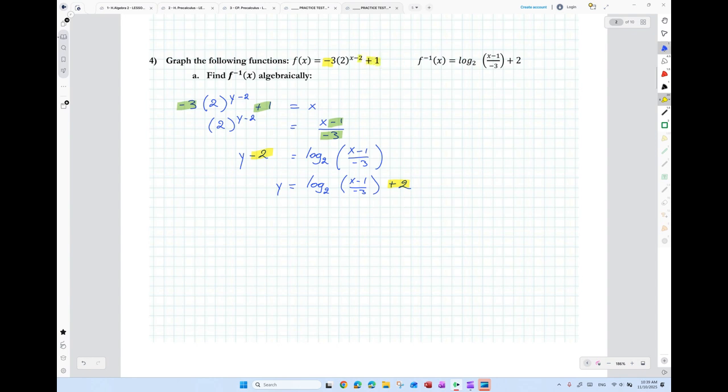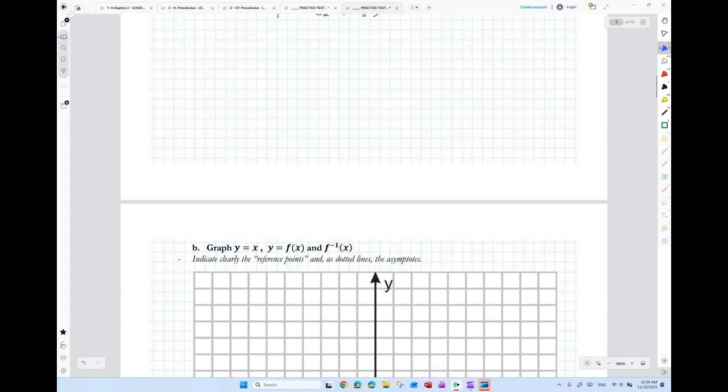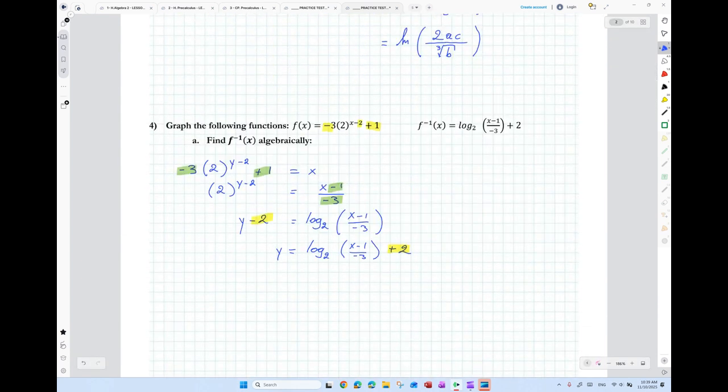I'm going to first graph h, k, which is 2, 1. And because it is an exponential, I'm going to have a horizontal asymptote. Then I'm going to use a and the base.